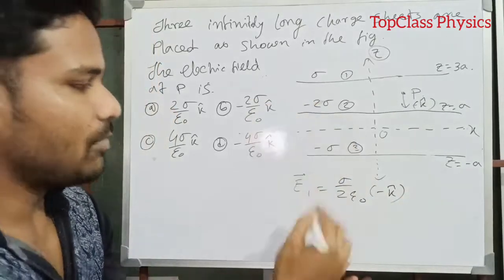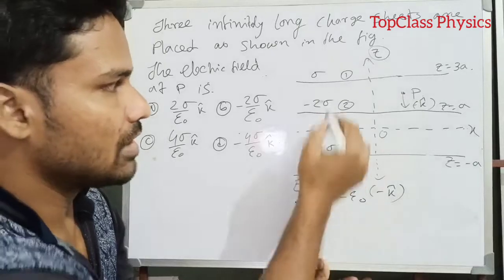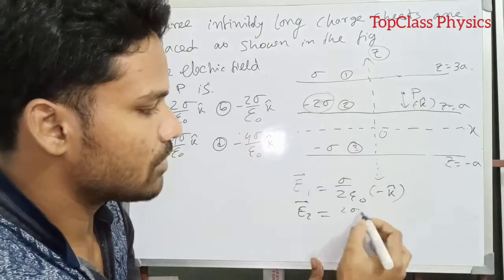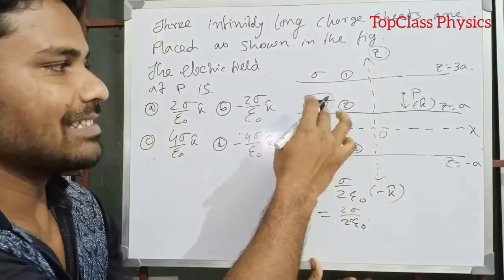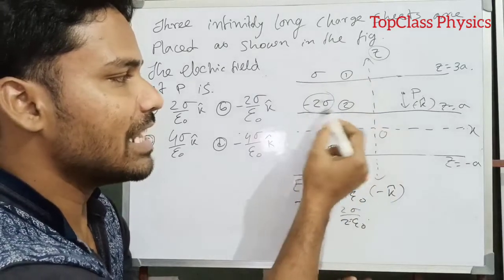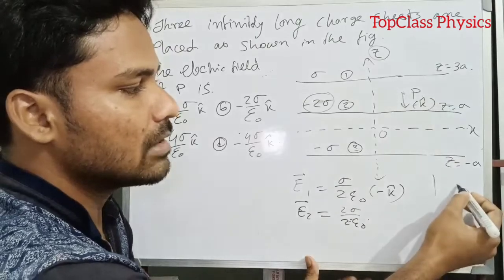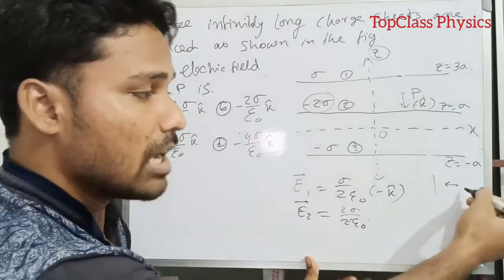Complete. For the second plate, E2. For the second plate, just put the value of the surface charge density, that is 2 sigma by 2 epsilon naught, right? Because I am just taking the mod value of 2 sigma, and as we know this is a negative charge, so for a negative plate the direction of the electric field at the measuring point is always towards the plate.